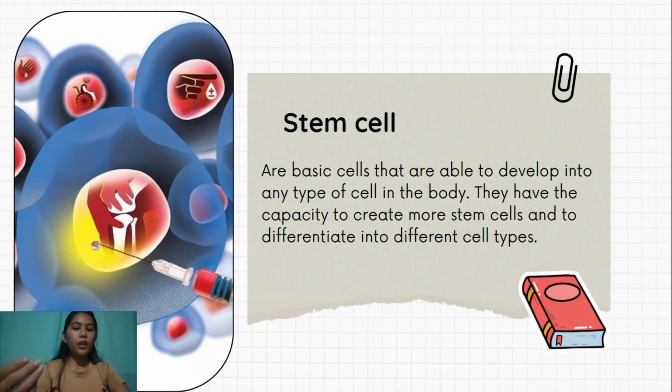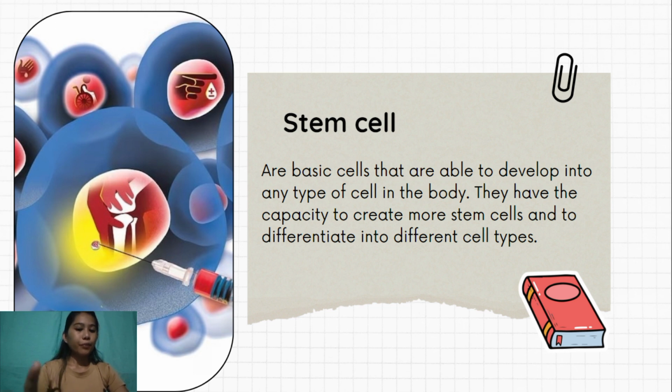So now, the stem cells. The stem cells are basic cells that are able to develop into any type of cell in the body. They have the capacity to create more stem cells and to differentiate into different cell types.